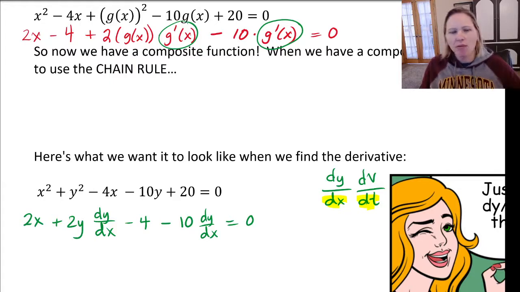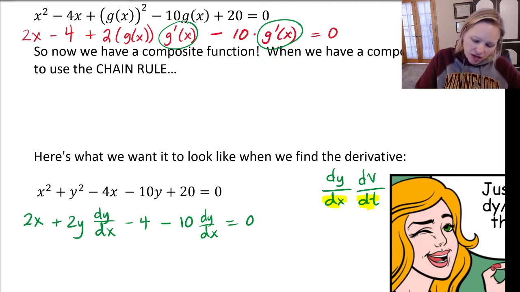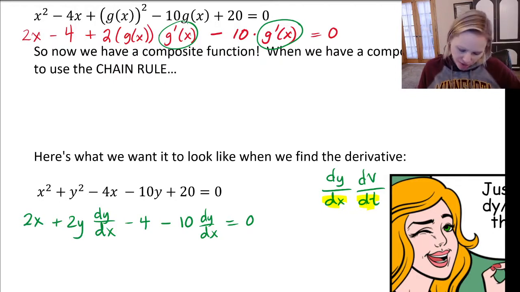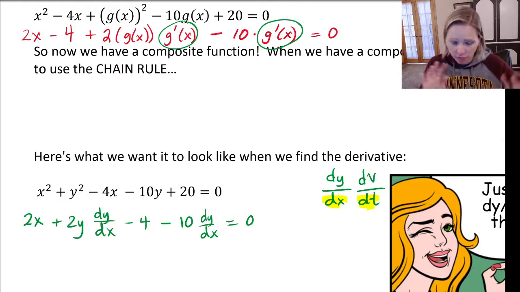So we'll try to come up with some different letters and see if we can make that a little bit more clear for you. But the idea is this bottom value in your Leibniz notation for the derivative tells you what you're differentiating with respect to. Any letter other than that is going to require some sort of dy dx equivalent.